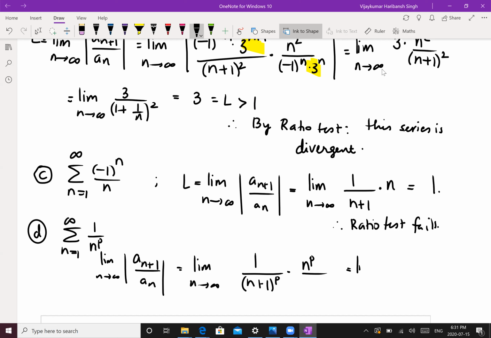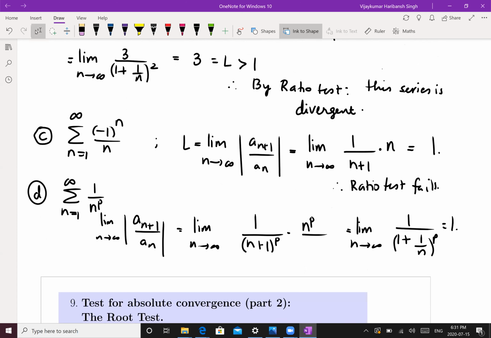Divide top and bottom by n to the power p, and we get 1 upon (1 plus 1 by n) to the power p, which is 1. So you see, it cannot differentiate in the p-series. So for the p-series, the ratio test does not work.